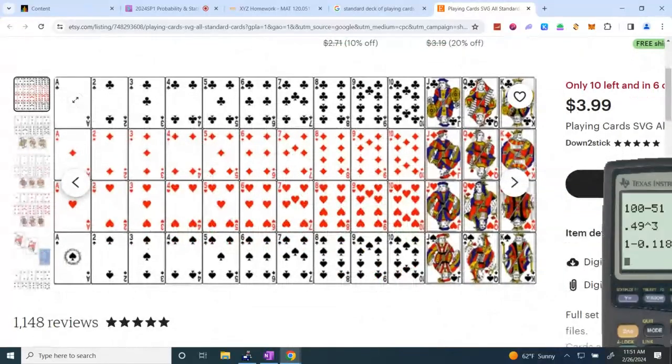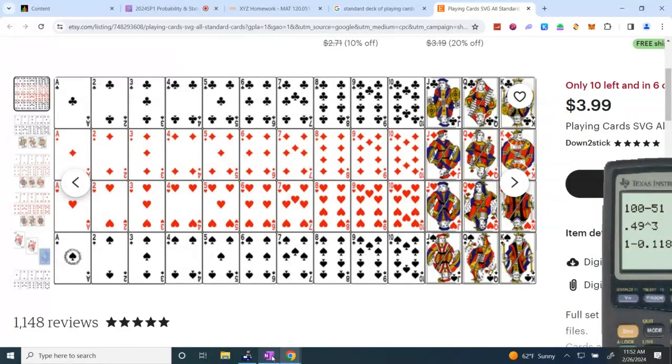You have clubs, diamonds, hearts, and spades, right? And they run in this order. It depends on what game you're playing, but you have ace, 2, 3, 4, 5, 6, 7, 8, 9, 10, and then you have a jack, a queen, and a king. So altogether, you have 13 cards. You have 4 suits, which gives you a standard playing deck of 52 cards, right?